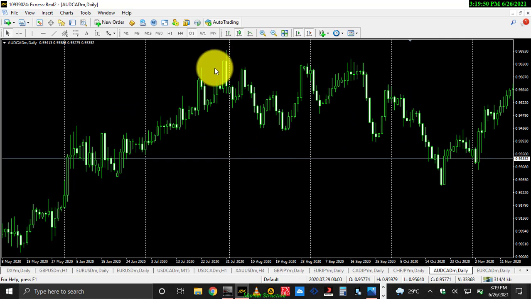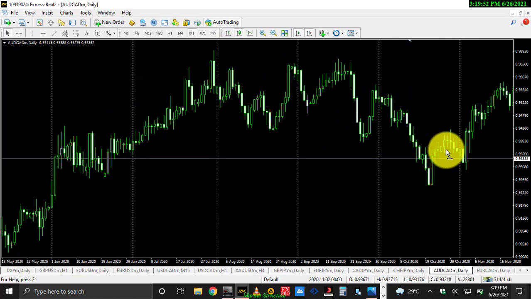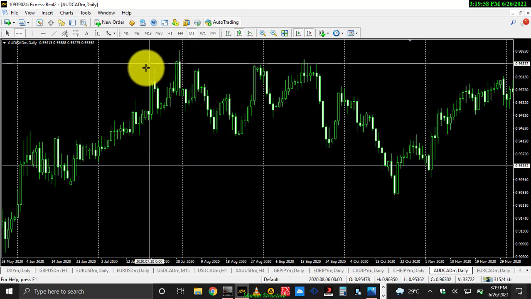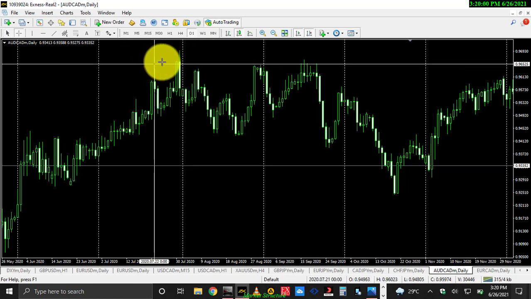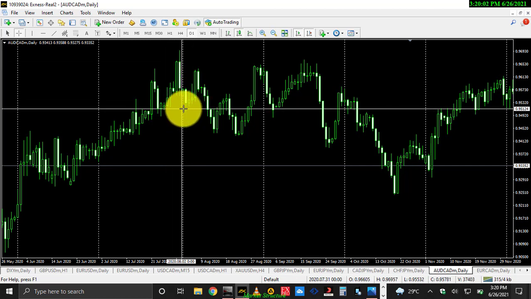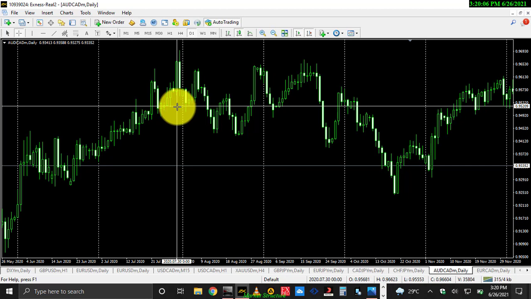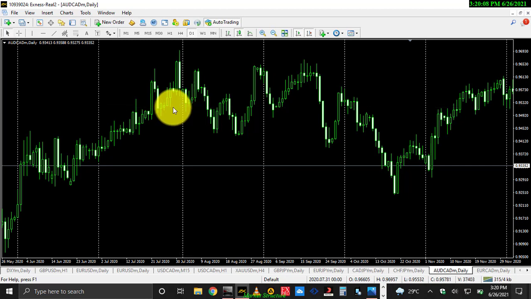So this side here, we have our bearish side of this trend. We had a high taken out over here, then it came back to take out the low over here, right there. We took that low right there.